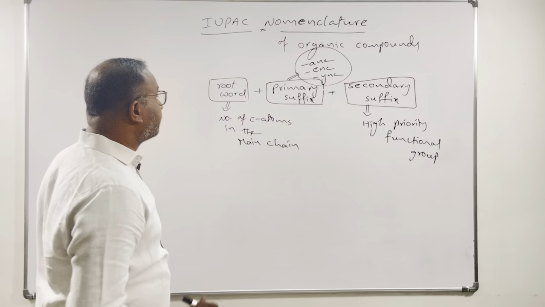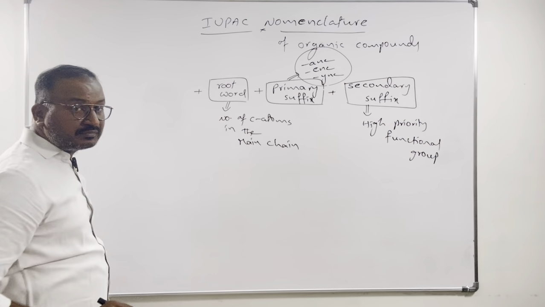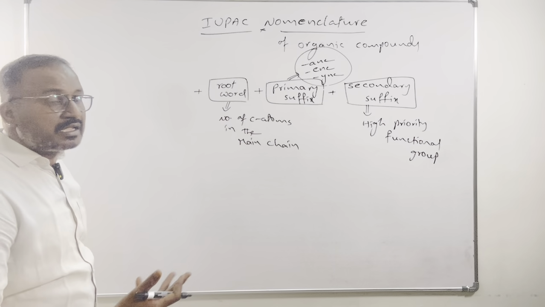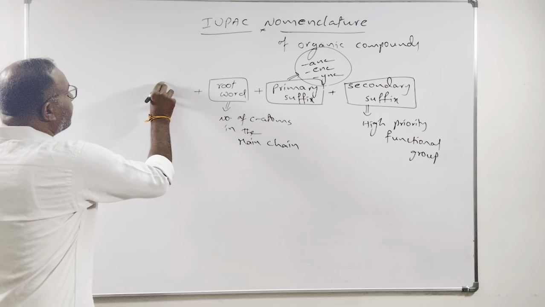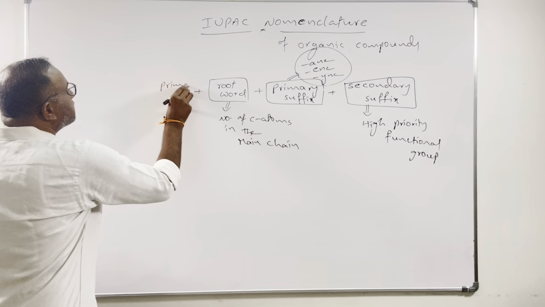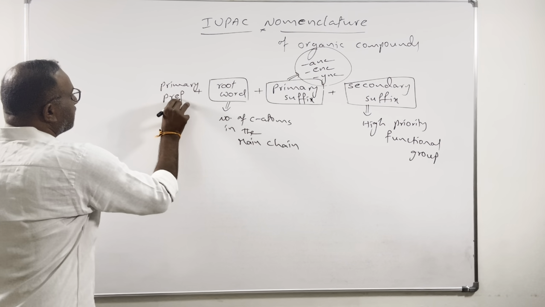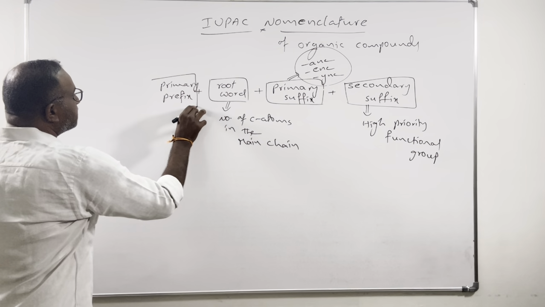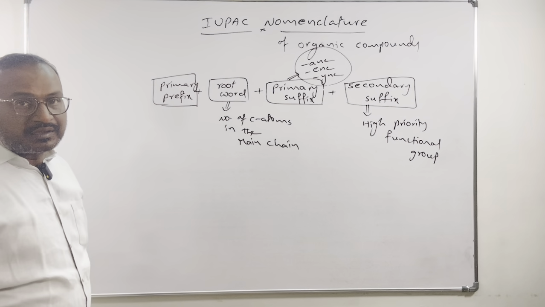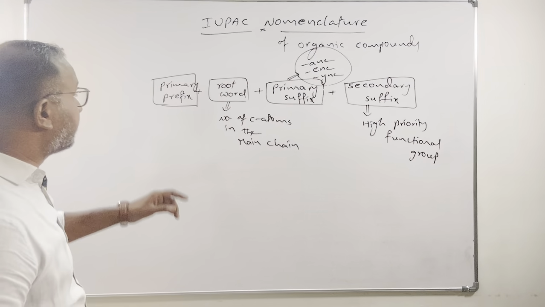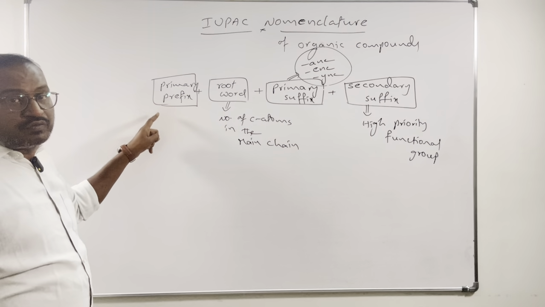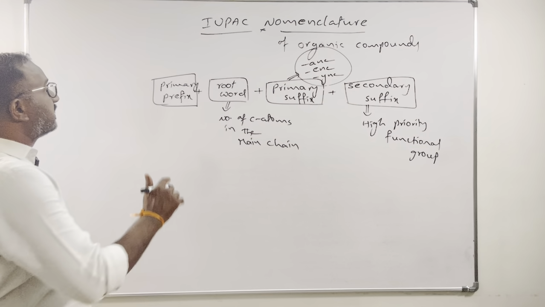The fourth concept in IUPAC nomenclature is the primary prefix. The primary prefix comes before the root word. It represents the cyclic nature of the compound.